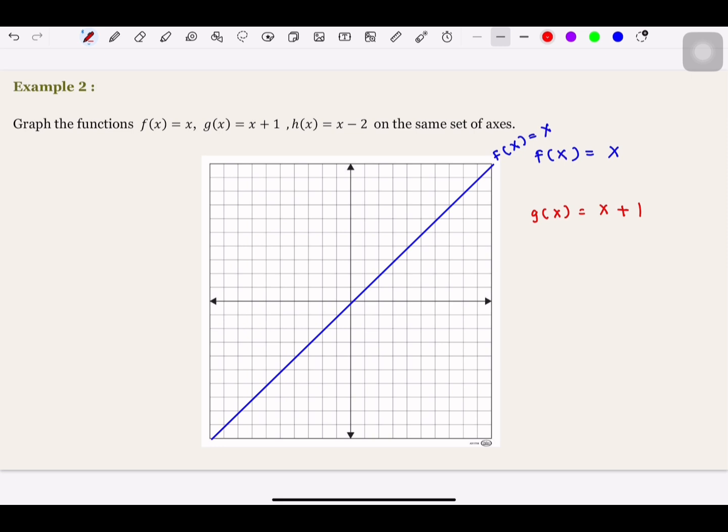Okay, so here this is a vertical shift. It's because you can write g of x as f of x plus 1. So remember, this is a vertical shift, and it's going to move up by 1 unit.